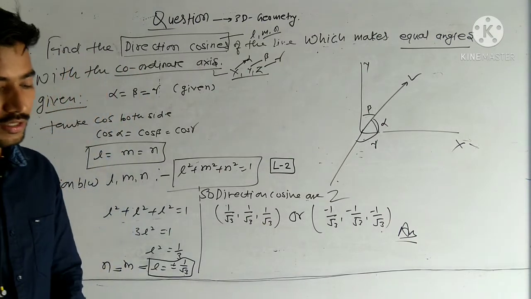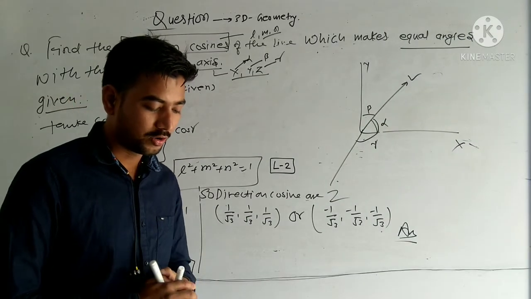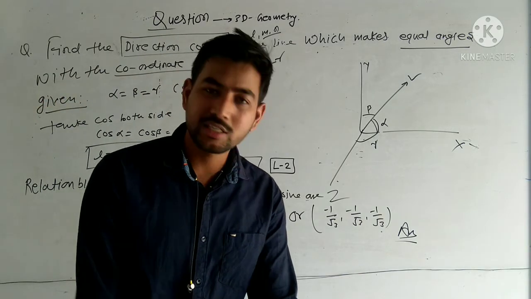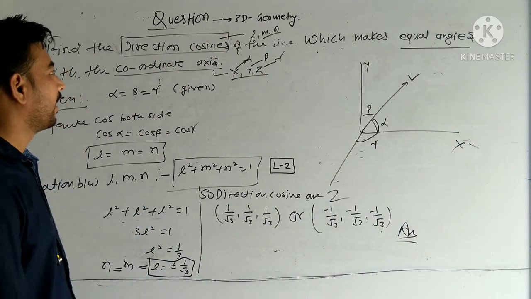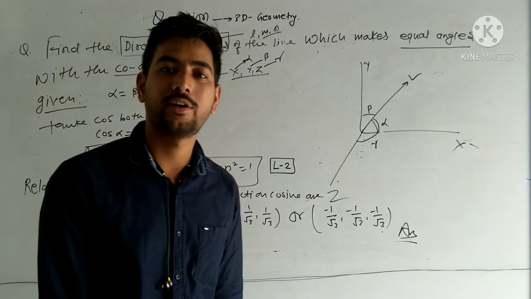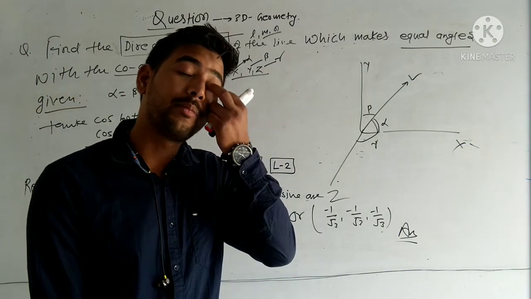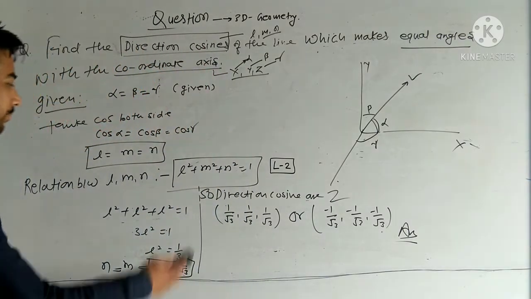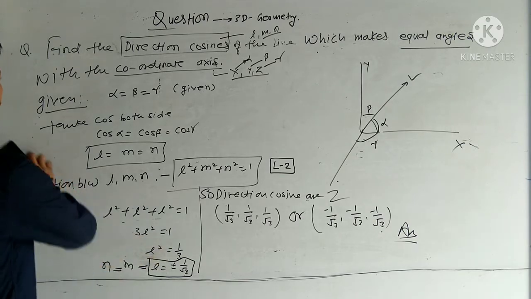Okay, the question is very easy to solve. Don't take any problems, don't take any tensions. So easily we can solve all the questions related to direction cosines. Only you have to remember one concept which I have uploaded in lectures 1 and 2. So let's see the remaining topic questions.